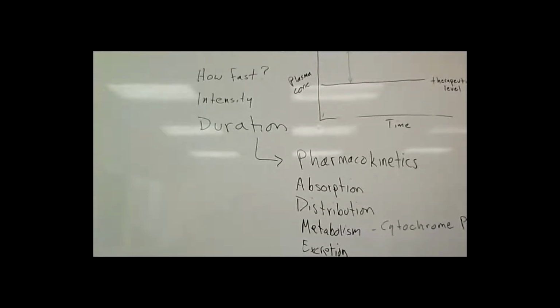Now, we can have two different drugs which have the same, say, mechanism of action. If we take a look at, for instance, blood pressure medication, people will take blood pressure medication to lower their blood pressure by some targeted amount. Let's just say they want to lower the blood pressure by 30 points systolic.